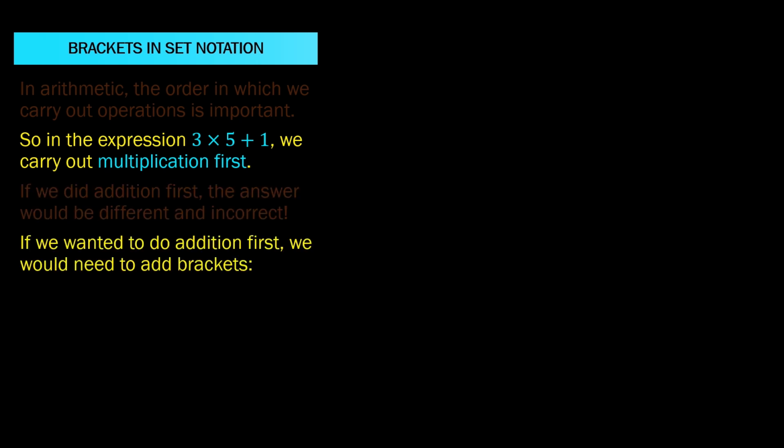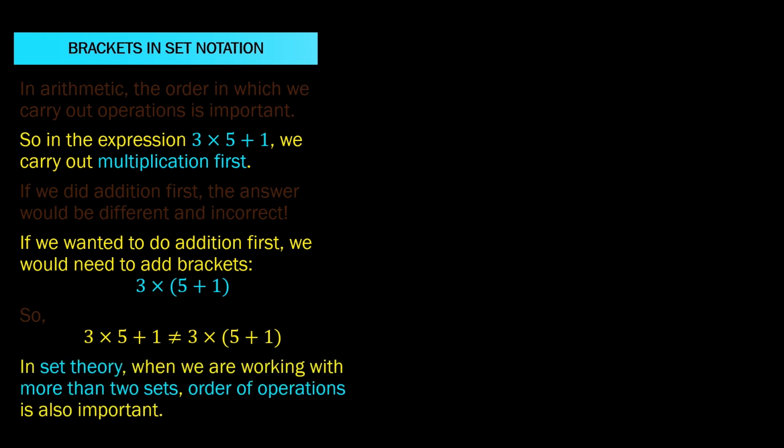If we wanted to do addition first, we would need to add brackets, as shown here. So in particular, 3 times 5 plus 1 is not the same as 3 times, in brackets, 5 plus 1. In set theory, when we are working with more than 2 sets, order of operations is also important.